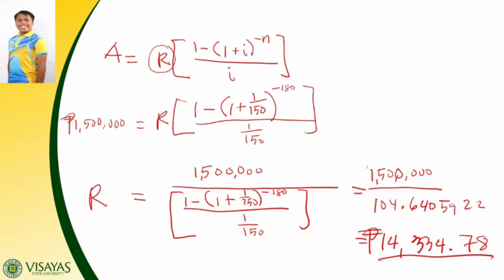This 14,334.78 is what he withdraws every month within 15 years. So that's the monthly allowance of the daughter from the investment. Can we proceed to the next example?